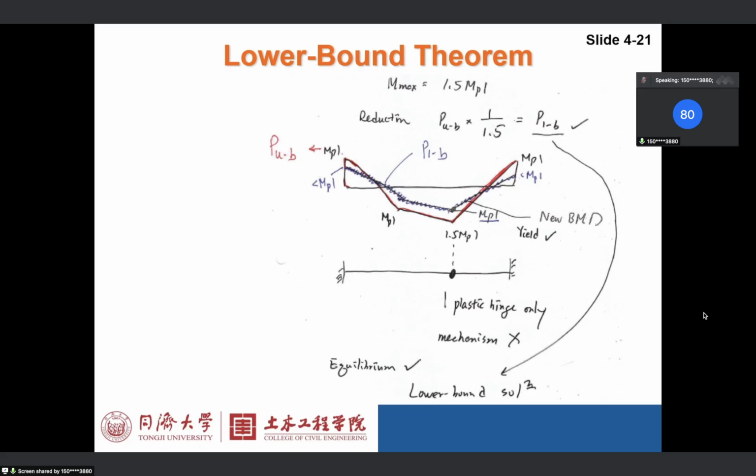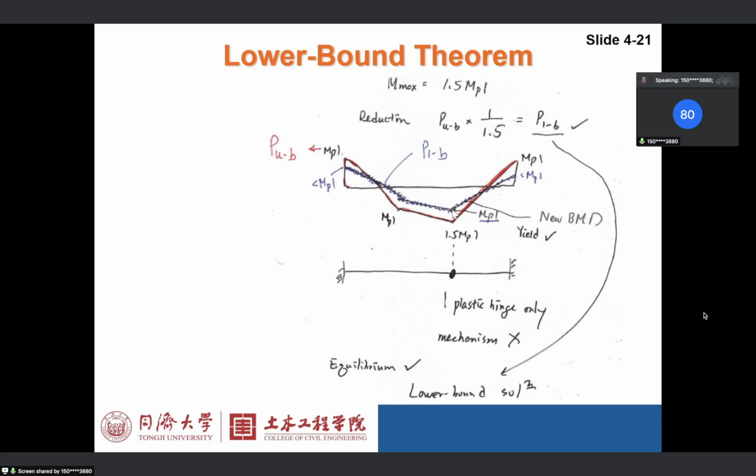Based on the reduced diagram, which is the blue line, you will see the number of plastic hinges is reduced, because this was originally MPL, right? This is small, now it's reduced, so it's smaller than MPL. This point again was MPL and now it's smaller, and this was MPL and now it's smaller than MPL.